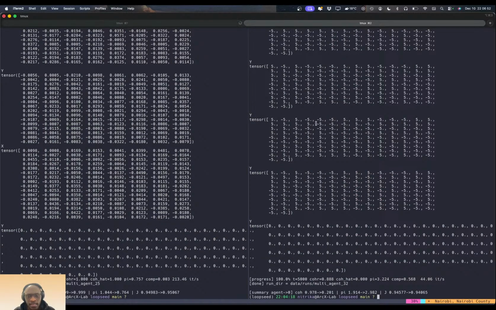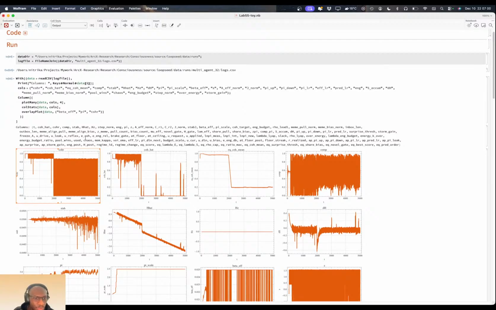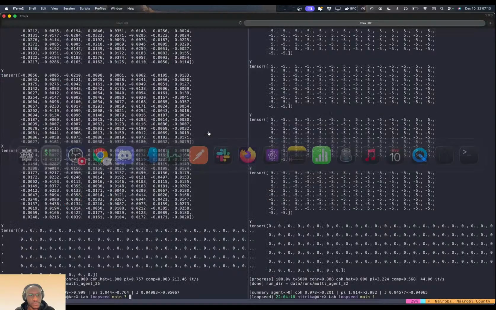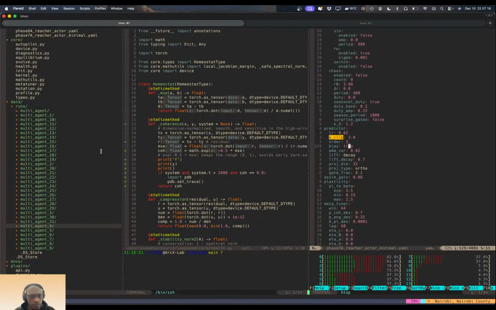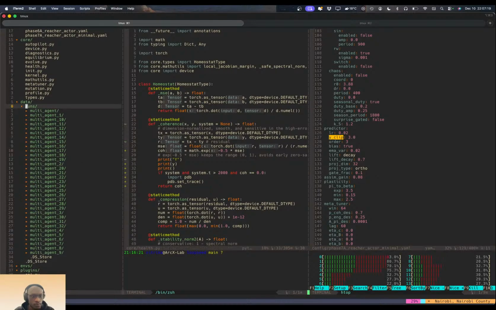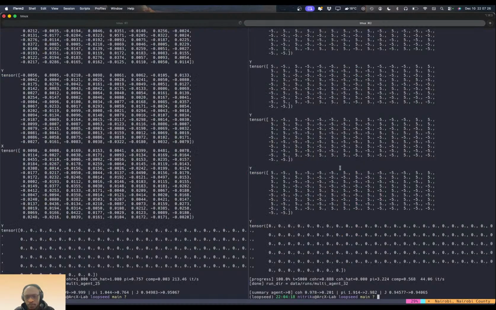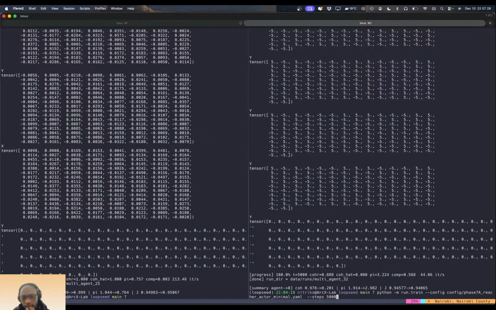But why does the plot say 0? It goes to 0 somewhere. Okay, let's see if this works.